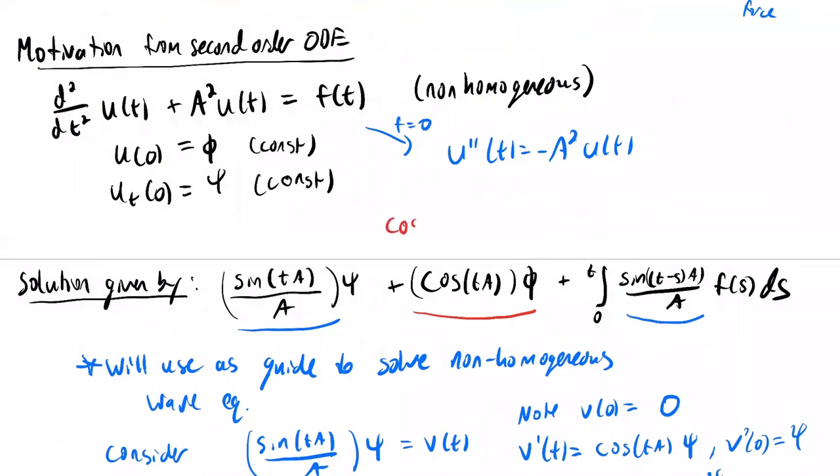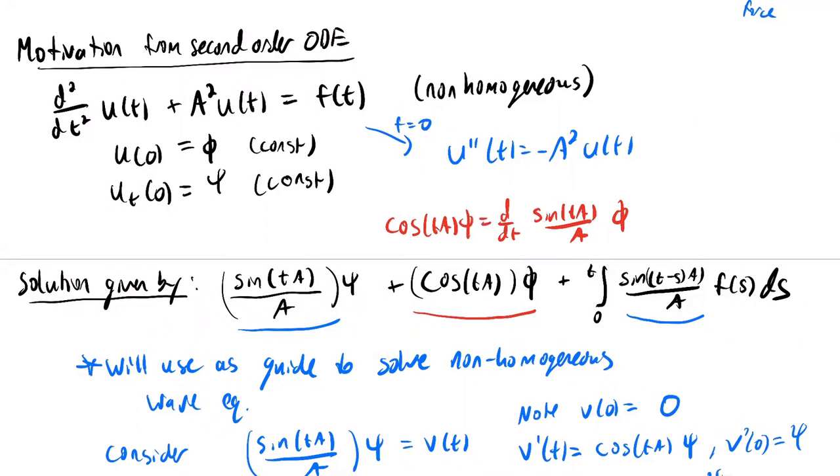Notice that this term, cosine of TA, corresponds to the remaining piece which we didn't understand yet for the wave equation. This is just the derivative with respect to t of the other function, right? And if I multiply phi by sine of TA over a, this is the same thing.